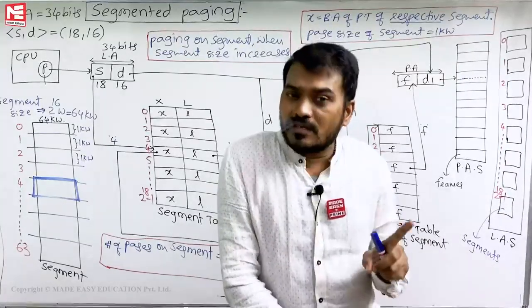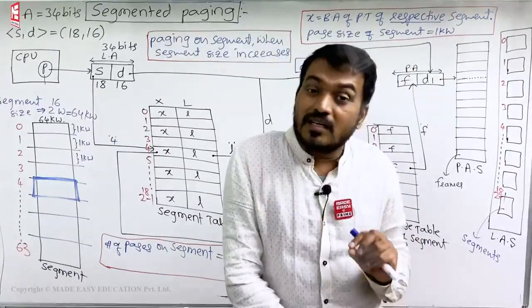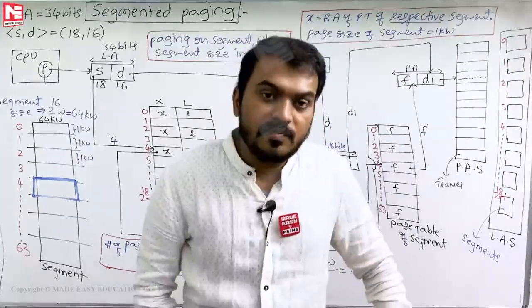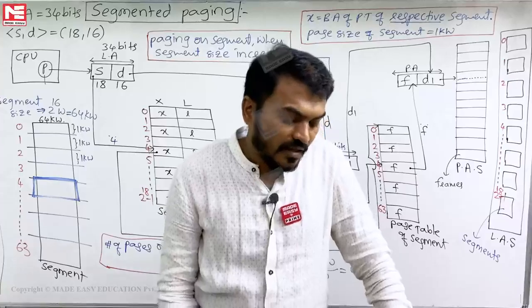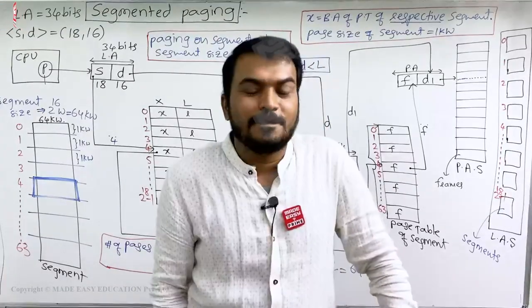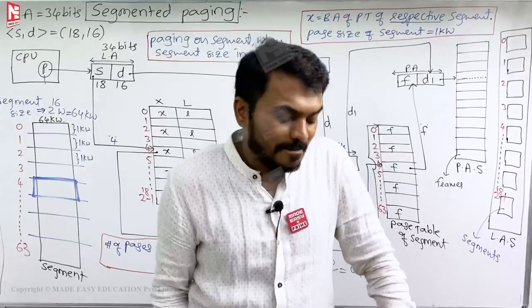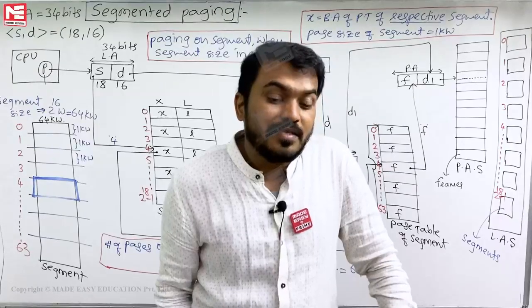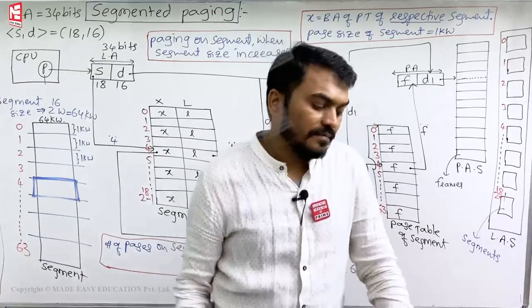So it means the page size of the segment is the same as the frame size of the PAS. Note down the statement: page size of segment is the same as frame size of PAS.